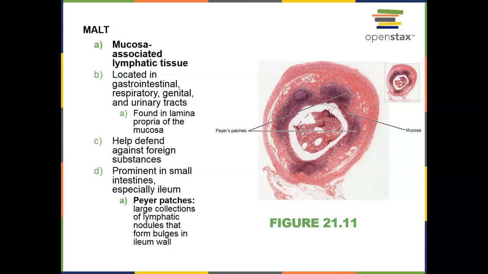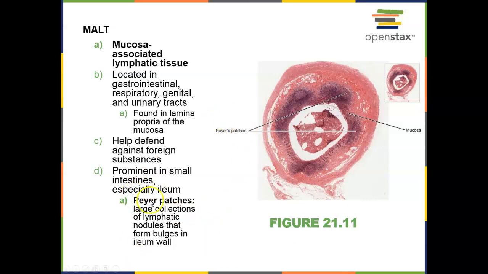So we're going to see these in the respiratory and the reproductive and the GI tract. And they're going to contain extra macrophages as well as B and T lymphocytes that are going to be able to attack if any potential pathogens try to get into our body.